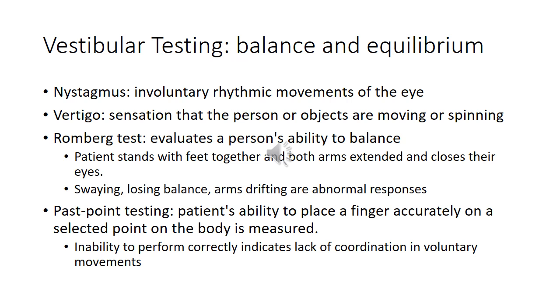Vertigo is the sensation that a person or objects are moving or spinning. We can also do something that's called past pointing testing, and this is the patient's ability to place a finger accurately on a selected point on the body. The inability to perform correctly indicates the lack of coordination in voluntary movements.